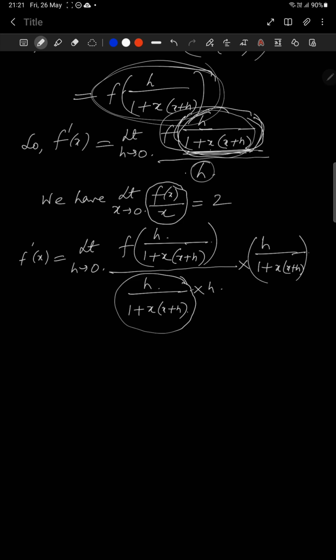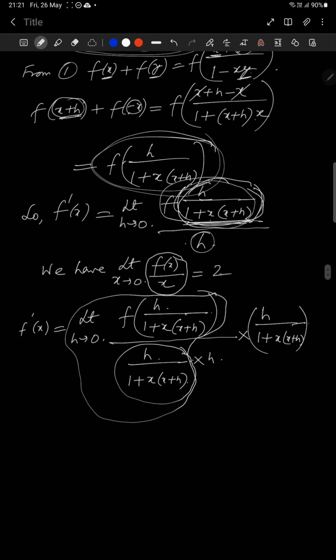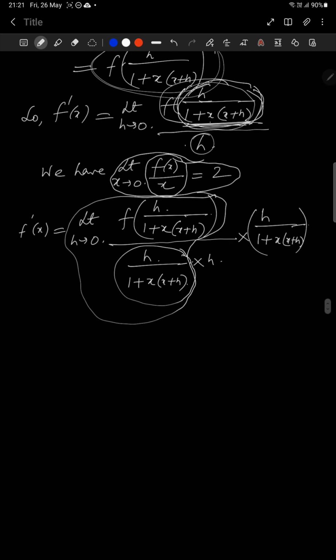So do you find this whole thing, I am talking about this one, using this particular formula which is given in the question, can we write this whole quantity as 2?